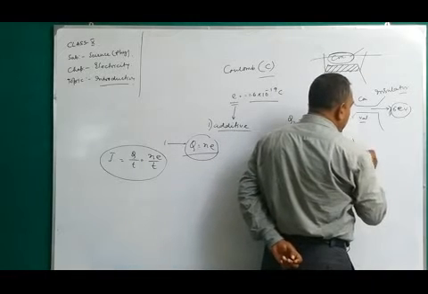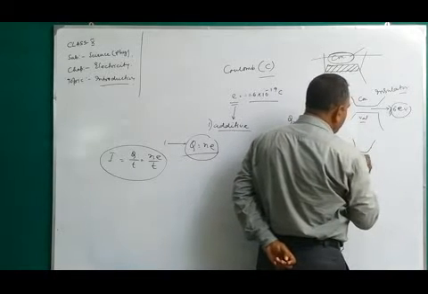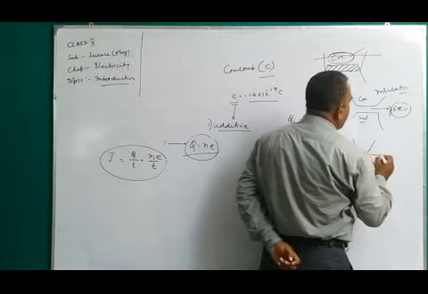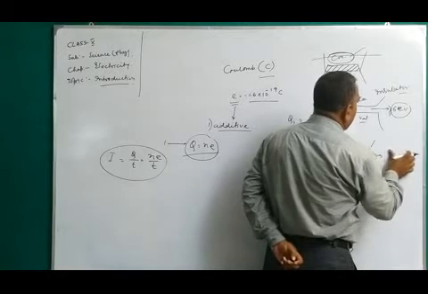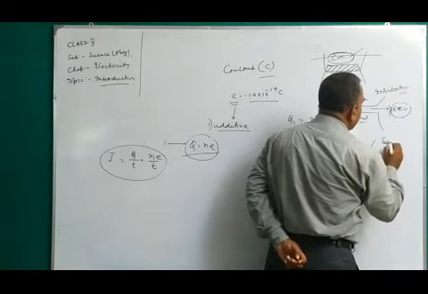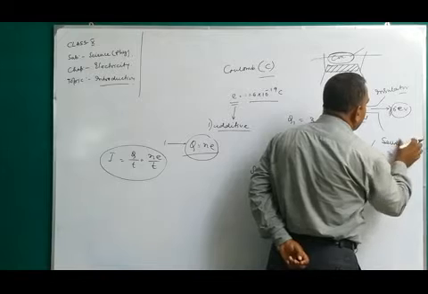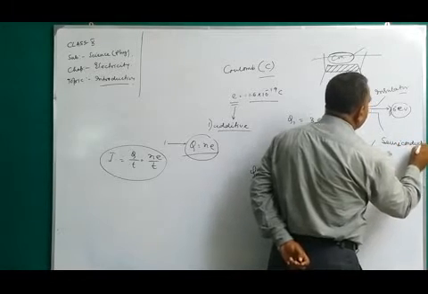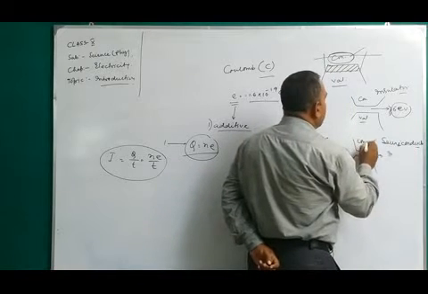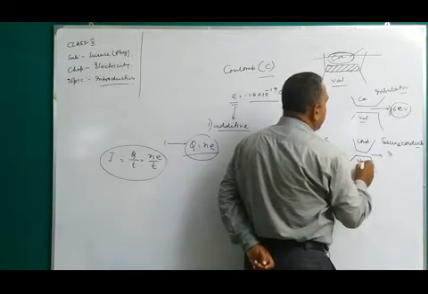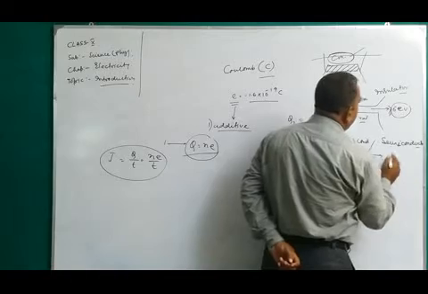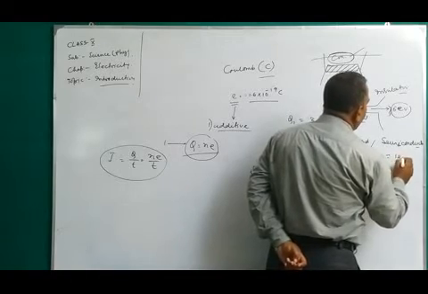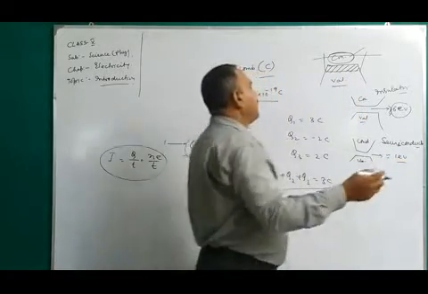Another material you know is the semiconductor. This is the conduction band, that is the valence band. The energy gap is almost equal to 1 eV, for germanium and silicon.